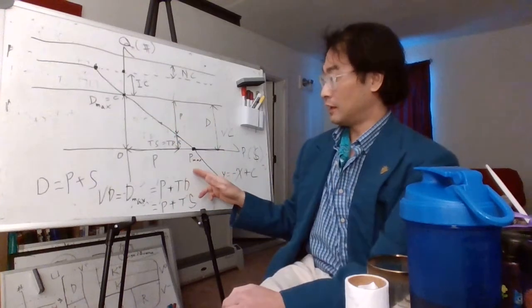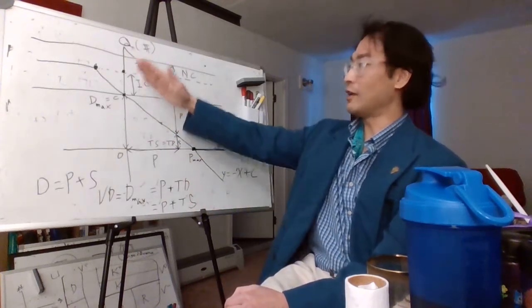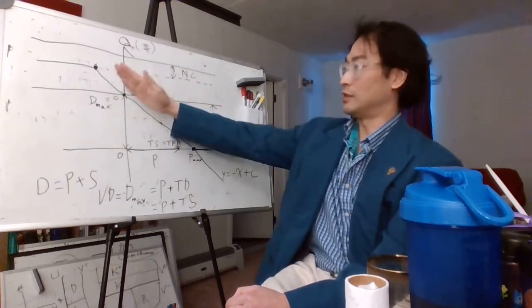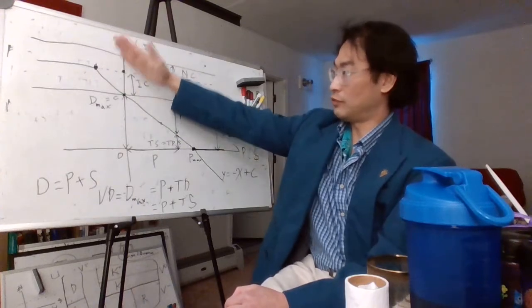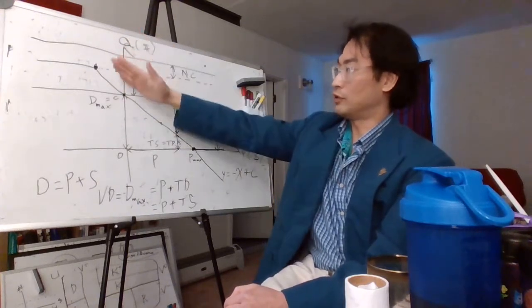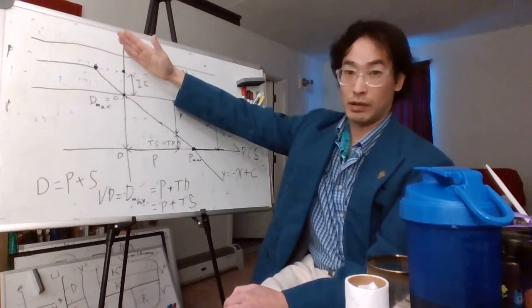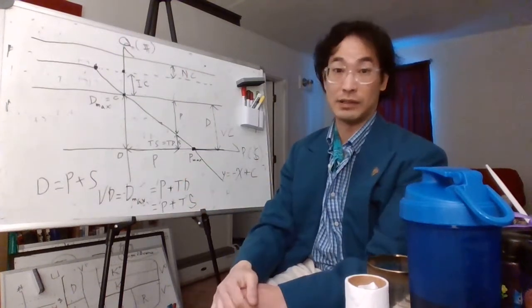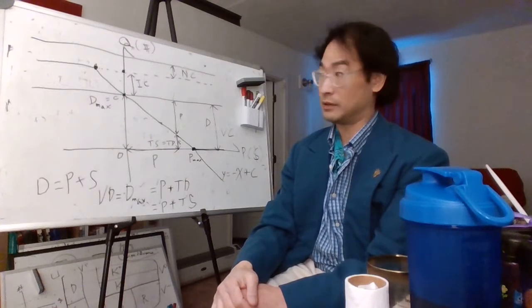That means the higher the quality of this pasta, P max will increase, so the curve shifts upward as the popularity or quality of this pasta increases.